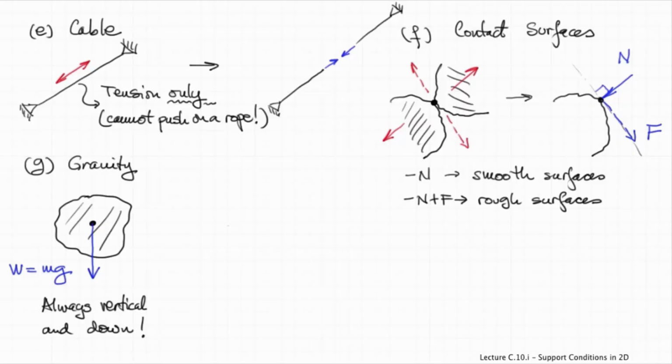Now the last case that I would like to mention is spring action. So when bodies are connected to the environment by a spring. Like for example this case here, in which we have a body, a spring, and the spring is connected to some rigid support. What can happen now?